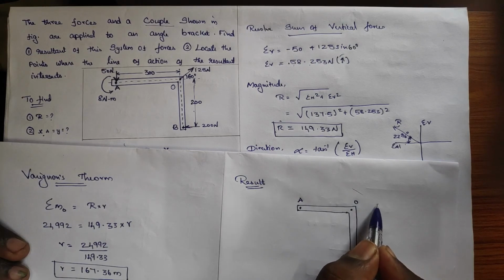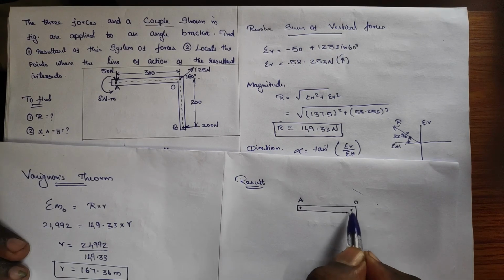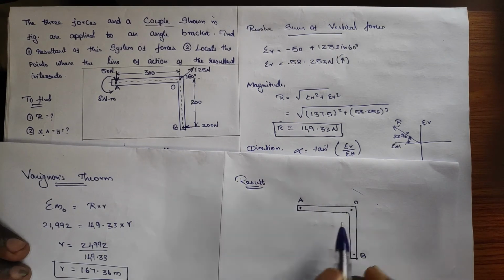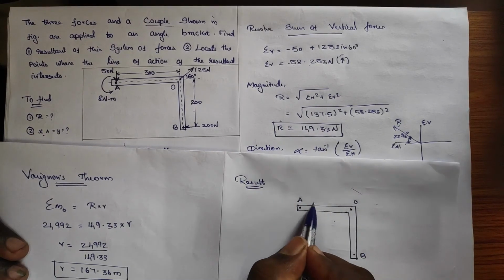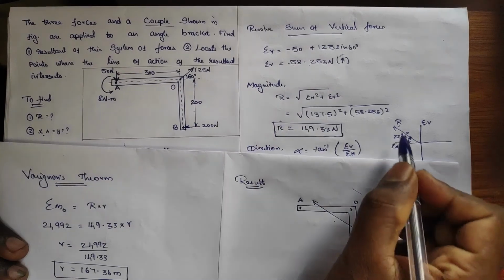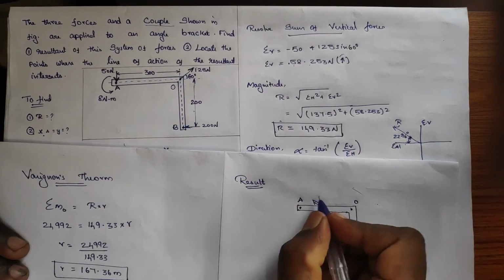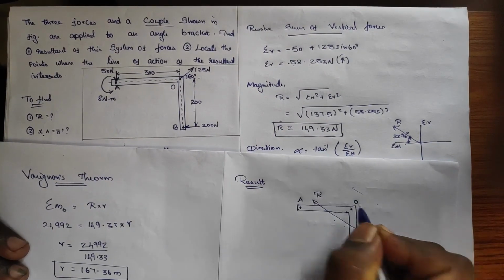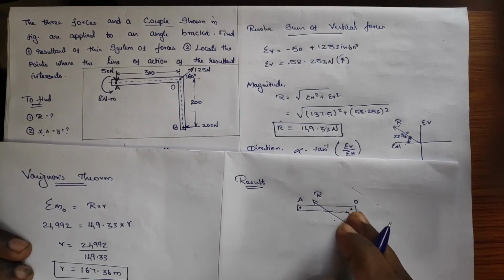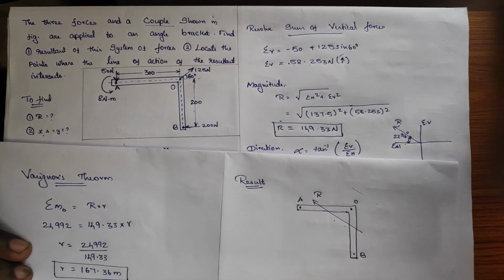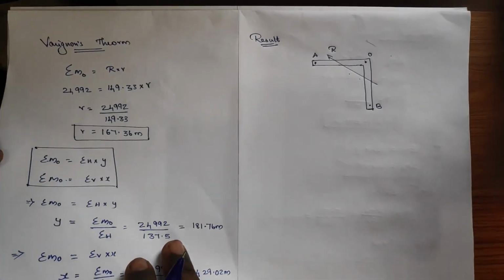If I keep the resultant force somewhere here, it will rotate in the anti-clockwise direction. But if I keep it on the left side of O, with the same inclination, it will rotate in the clockwise direction about O. So this is how the resultant force needs to be placed.